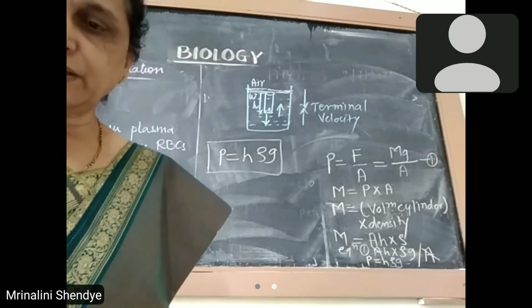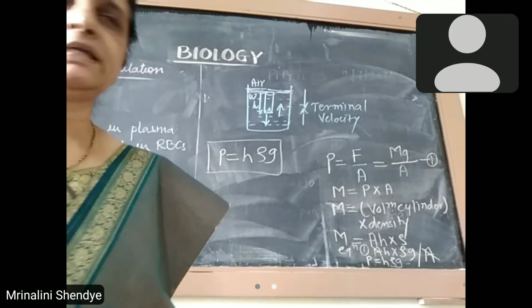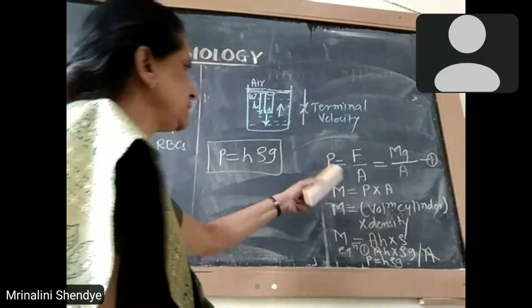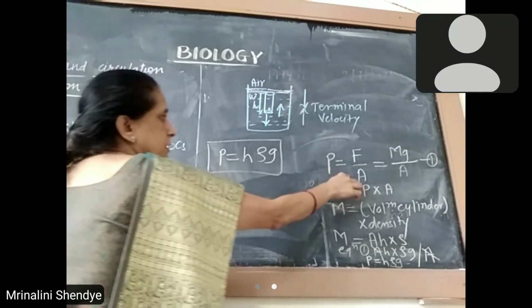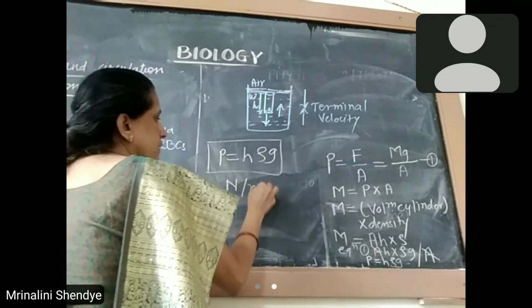You have already studied that pressure can be measured. By which SI unit can pressure be measured? P is equal to force upon area, that is Newton per meter square.